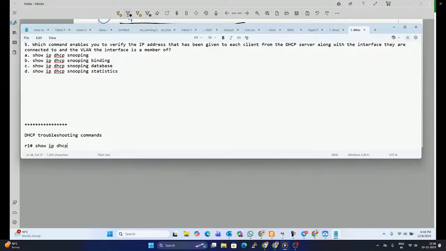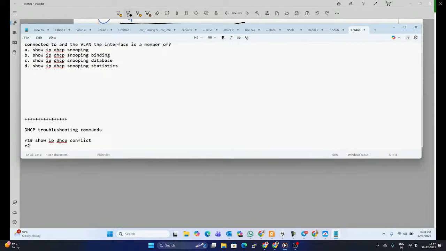You can run show ip dhcp conflict to check whether there is any conflict with the IP address. Whenever the DHCP server wants to assign an IP address, it always checks for duplicates, and if it gets a response, then that's a problem. So you can check show ip dhcp conflict, or you can use show ip dhcp binding.